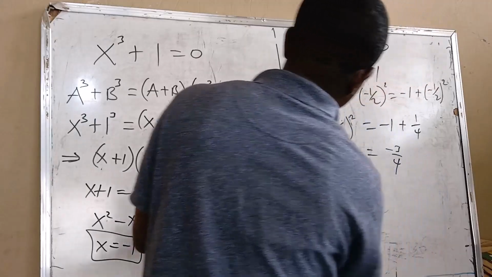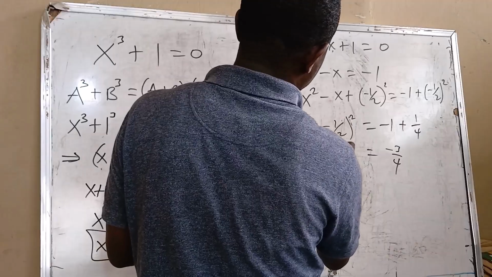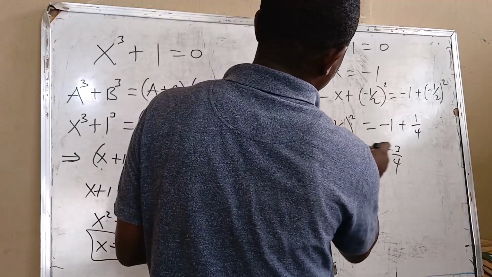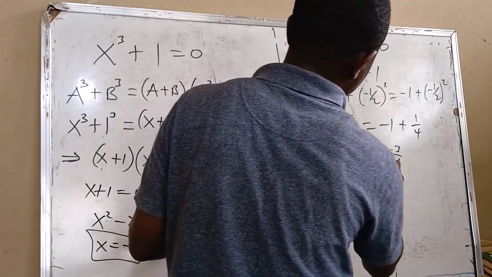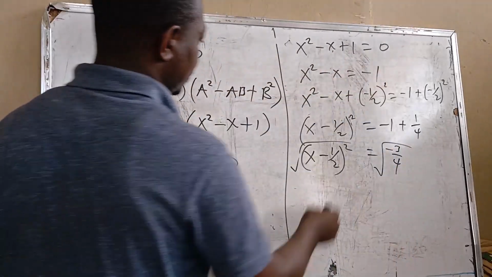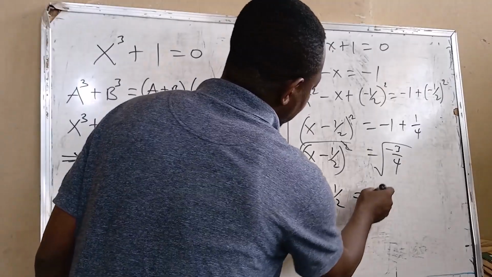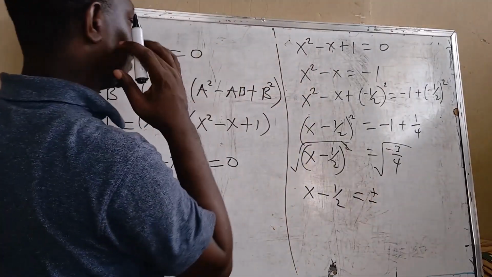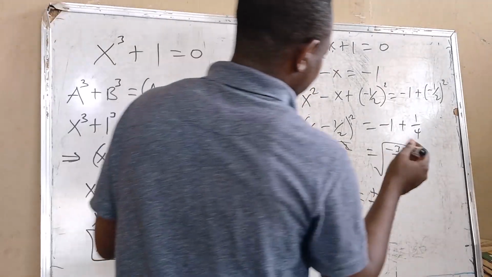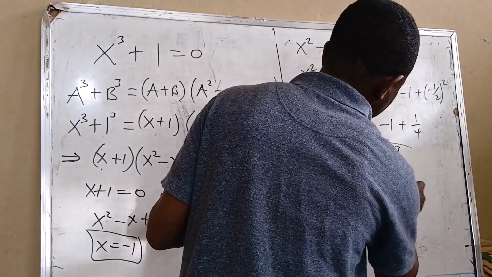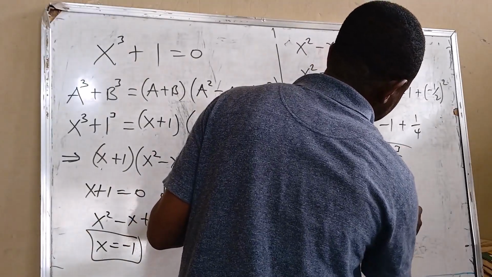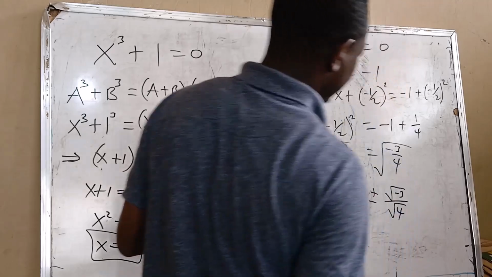You have -3 on 4, so x minus half all squared. So let's take the square root on both sides. So this one will be complex. x minus half equals plus or minus, okay, all right, so this one is the same as square root of -3 on square root of 4.